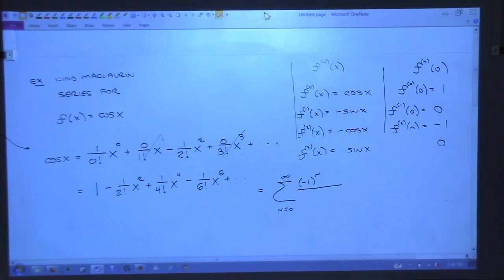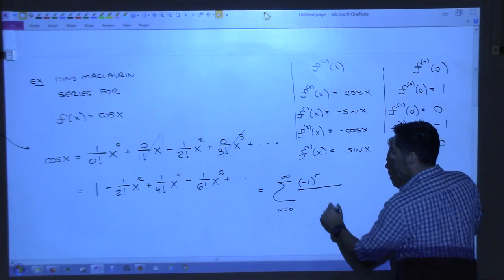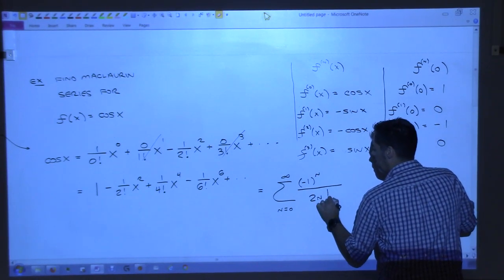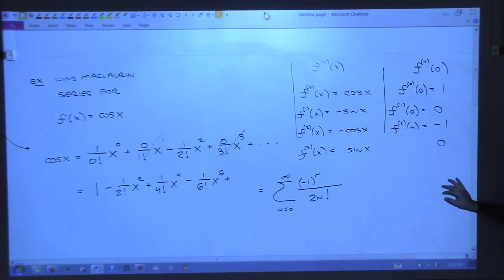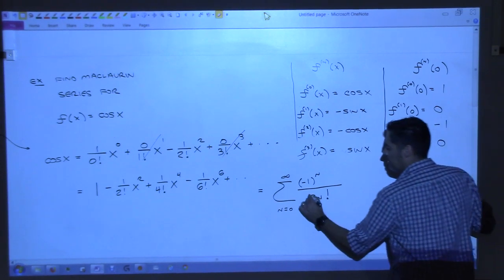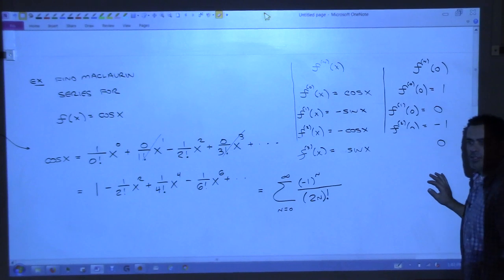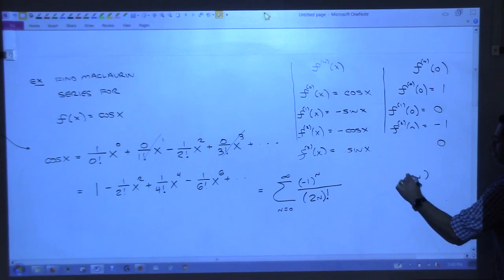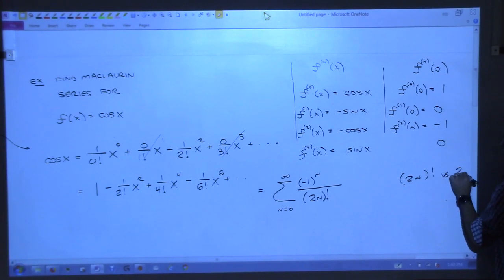Even factorials, starting at what? 0, so 2n, good. 2n factorial. Right or wrong? Wrong. Parentheses around the 2n. Have to have it. There's a difference between 2n factorial versus 2n factorial. What's that? Yeah, only the n here has the factorial on it.